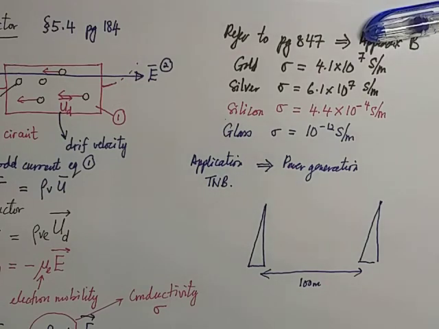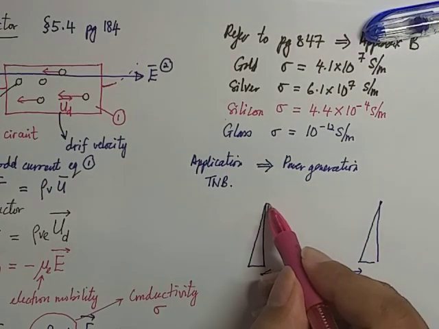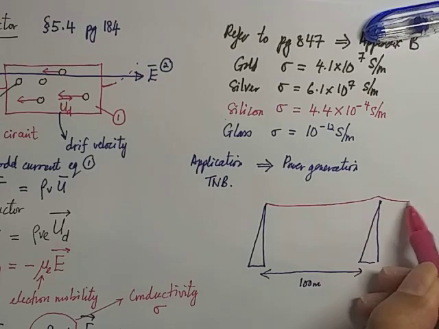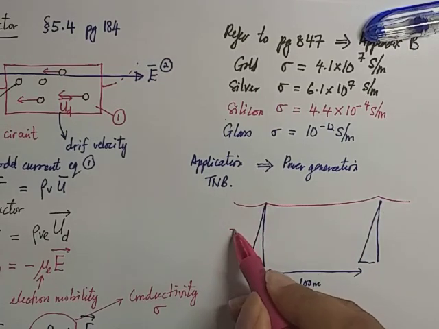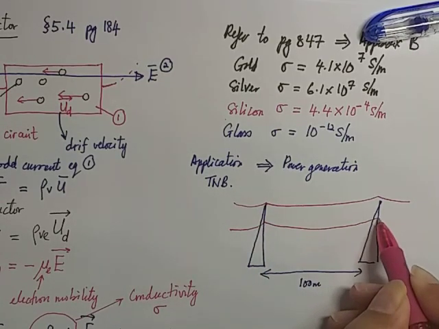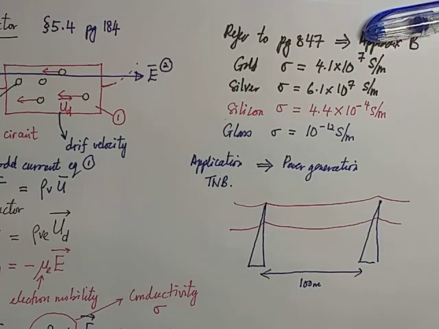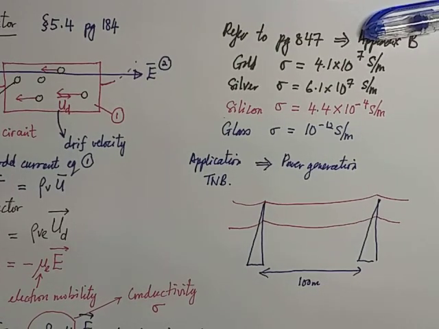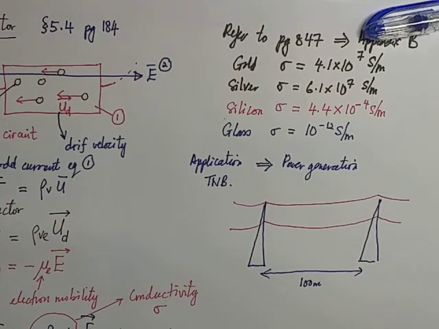Attached to this tower, you're going to see a lot of cables laid out. This is a typical scenario of transmitting power from the power generator to individual households in Malaysia.